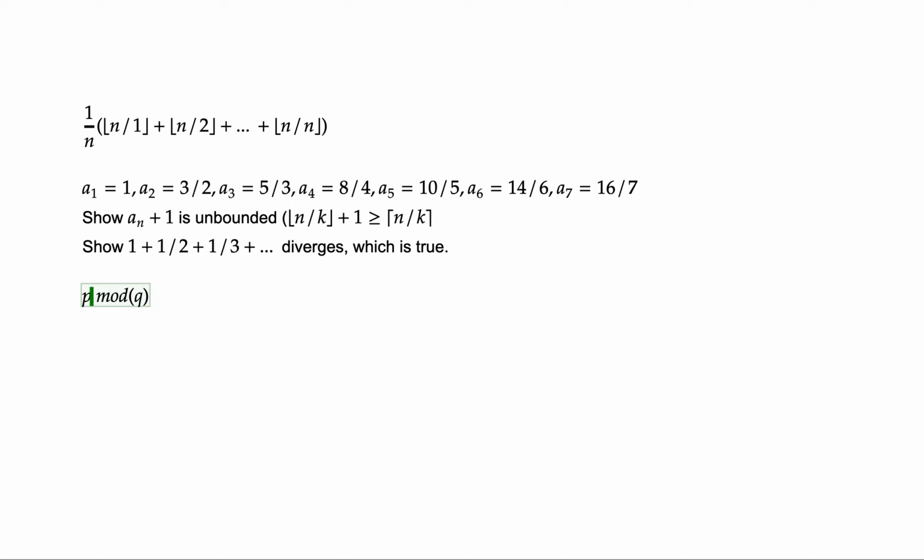We would want a prime such that p is going to be congruent to something large mod q, so that we get a bigger remainder.